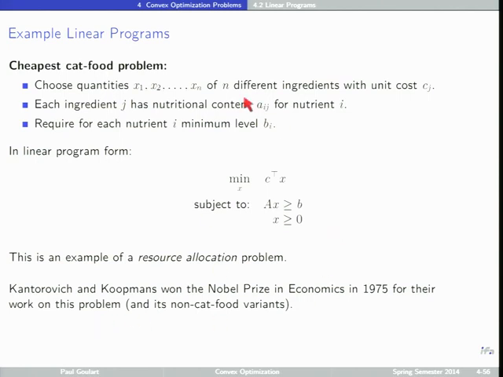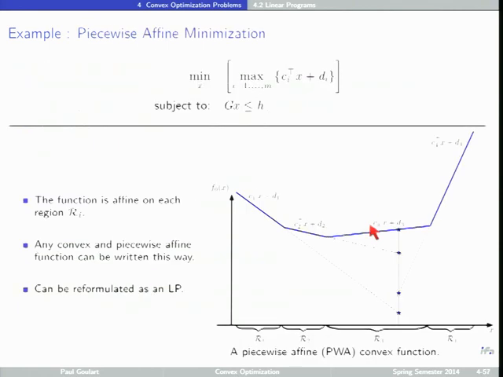I mean, they figured out how to write this type of problem like this, but then more importantly, they figured out how to solve this problem, okay, which is more difficult. Okay, but the point is that this is naturally a linear program, but there are other problems which are not so obviously linear programs, but which turn out to be rewritable in this way. So I'll show you a few of those.